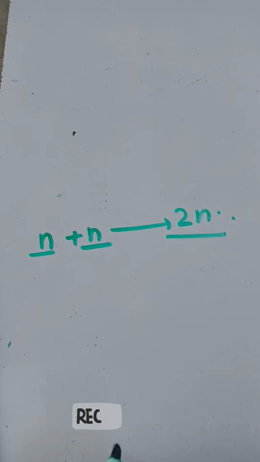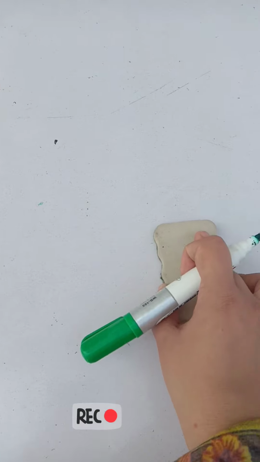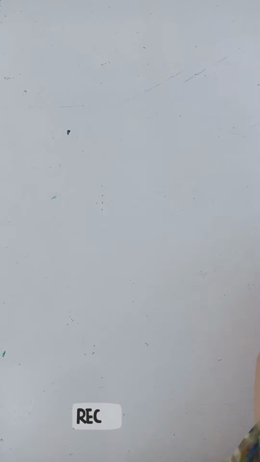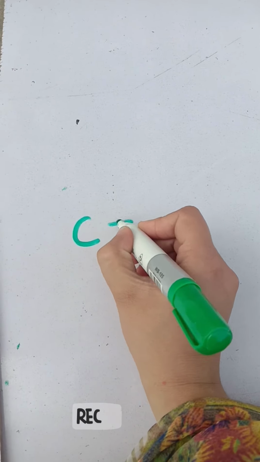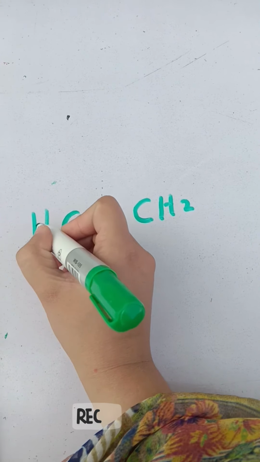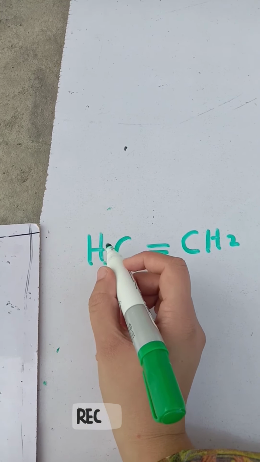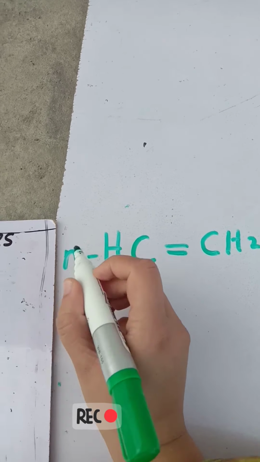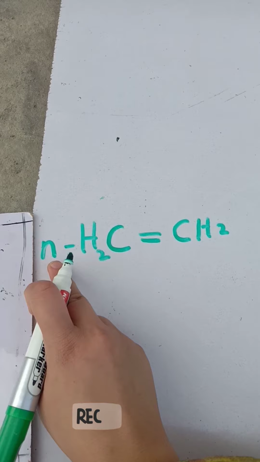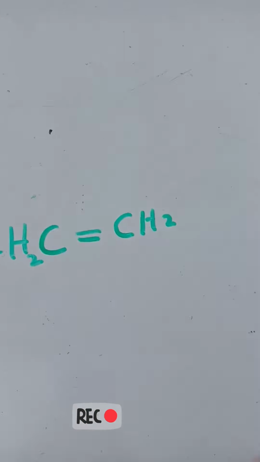So I'll draw the reaction of polymerization. I'll simply draw an ethene molecule having two carbon atoms, with two hydrogen atoms on one carbon and two hydrogen atoms on the other, and n means many smaller molecules of ethene.